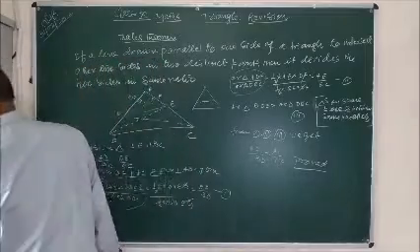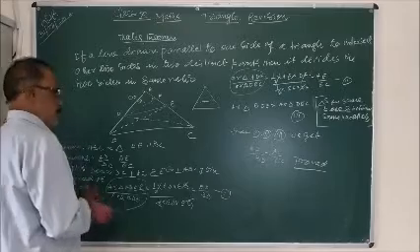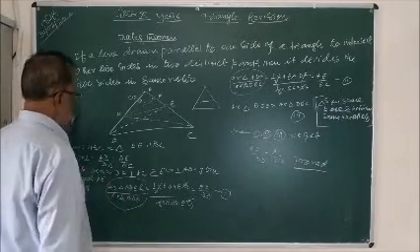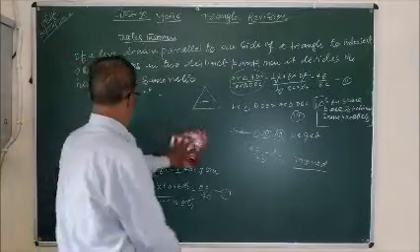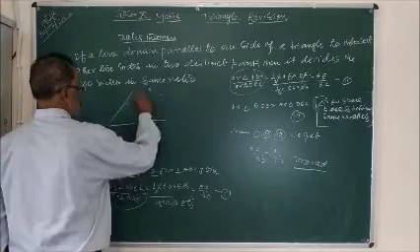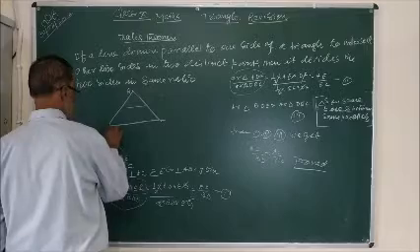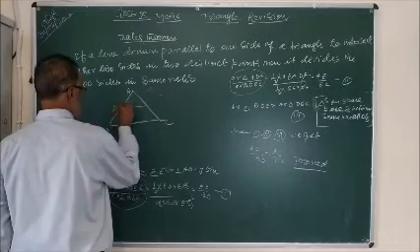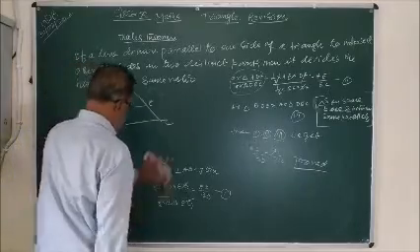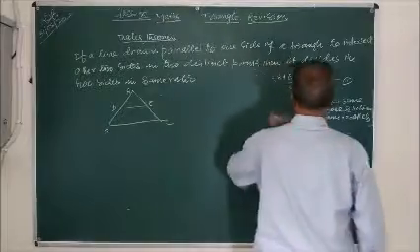From your knowledge point of view, I want to explain another method, but that is also simple. But now it is up to you how much you understand. Suppose these two are triangle ABC and DE parallel to BC, and you have to prove AD by BD is equal to AE by EC.